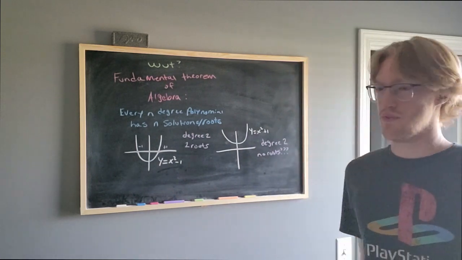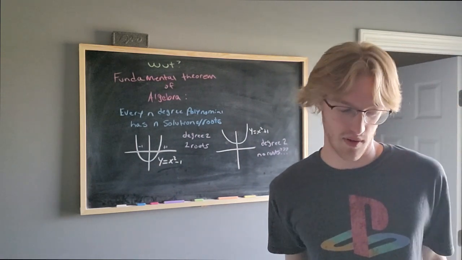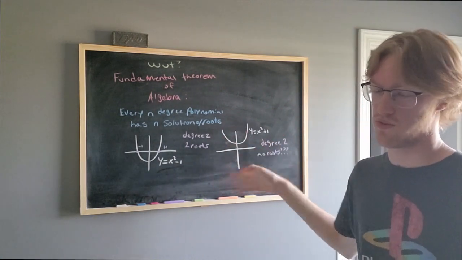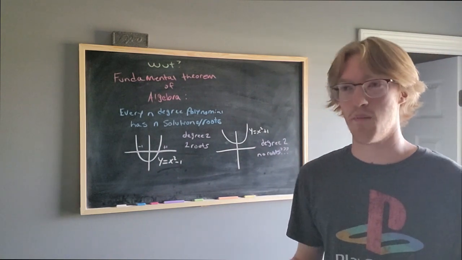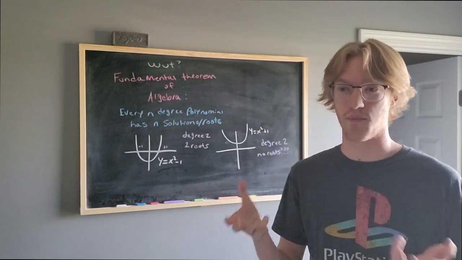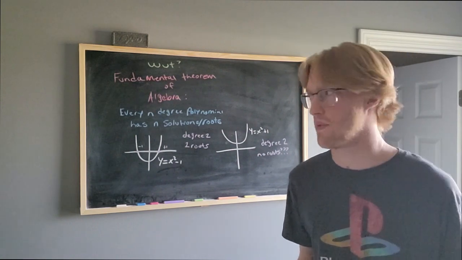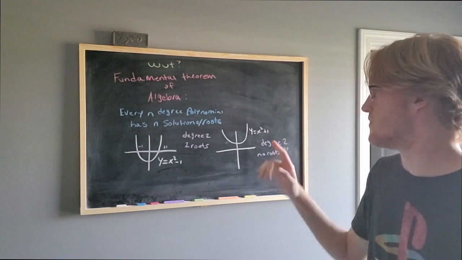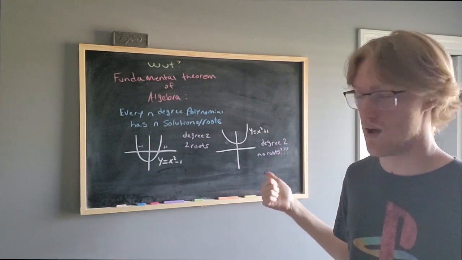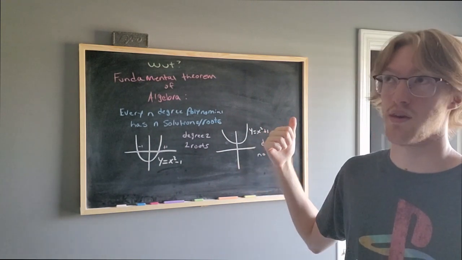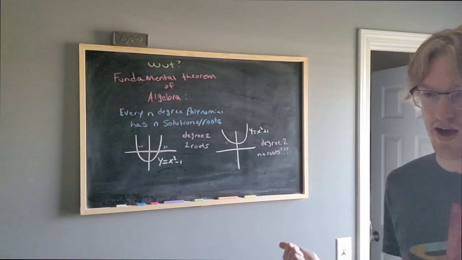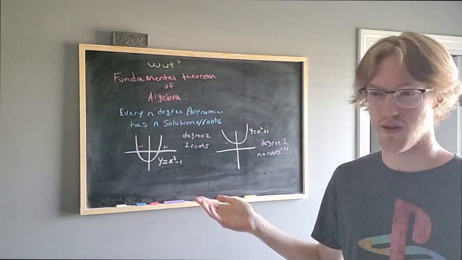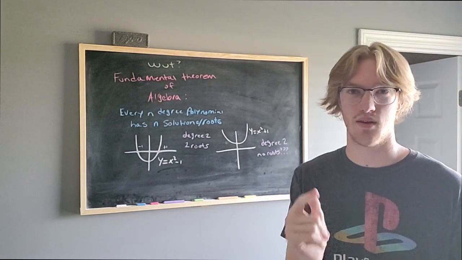The answer is complex numbers, or imaginary numbers. It has no solutions in the real numbers, but if you graph this on the complex plane, it would have two solutions. Specifically, the roots are just positive and negative i. So yeah, complex numbers, not made up.